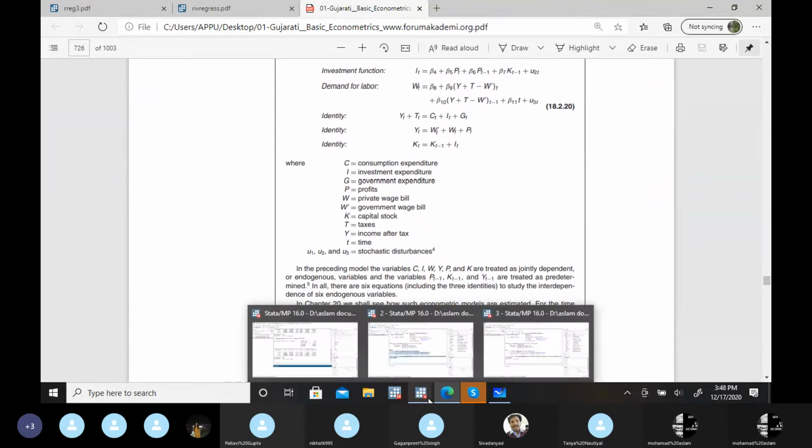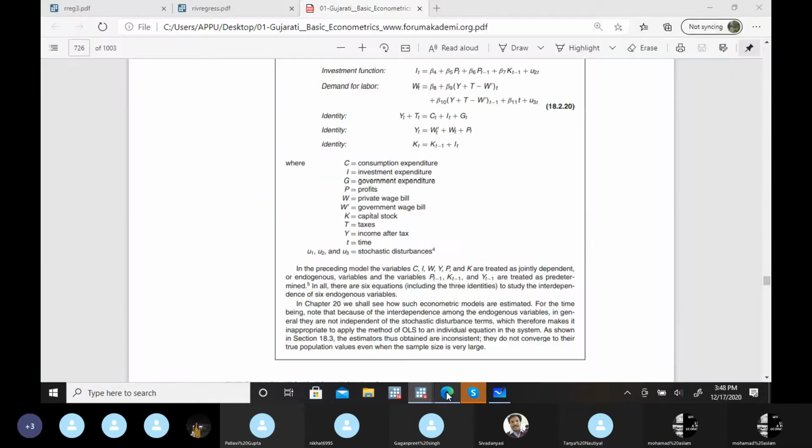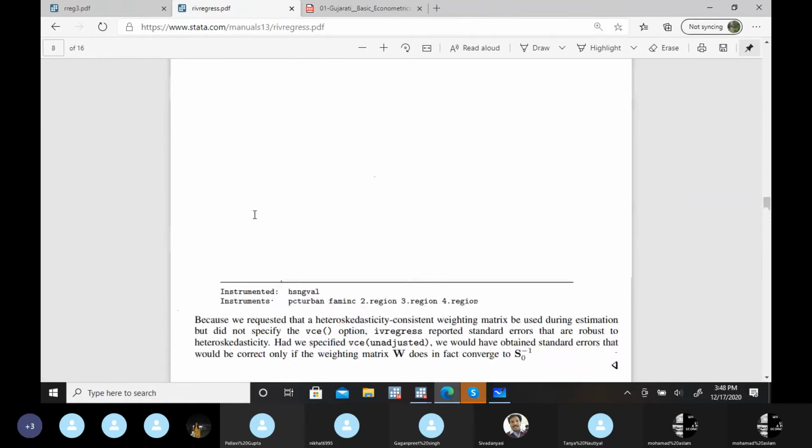Okay, so let's apply this 2SLS method first. So the equation is for 2SLS, and applying it by first instrumental IVREG. Let's see if it's given this equation, then it will be easy for us.